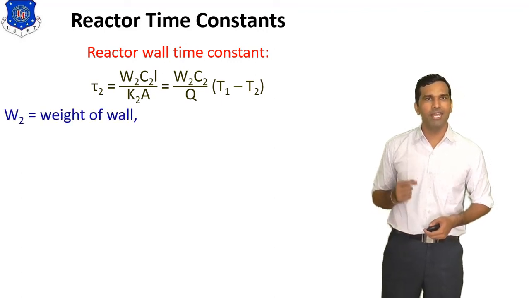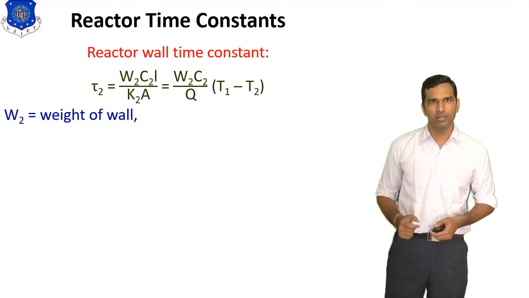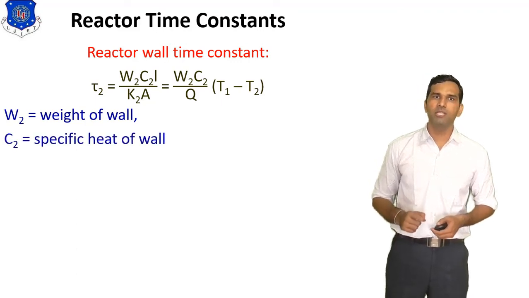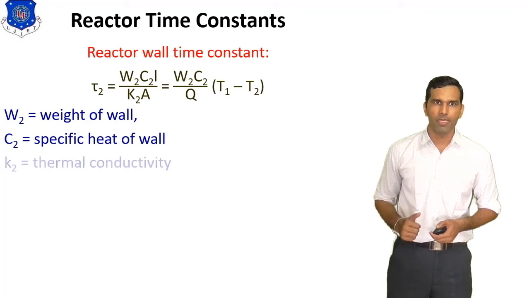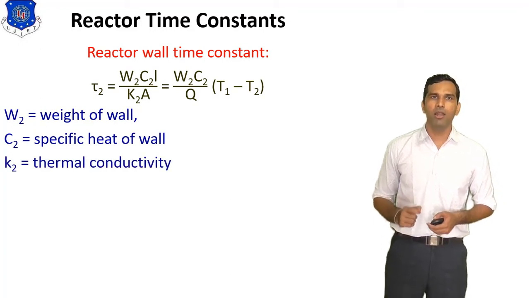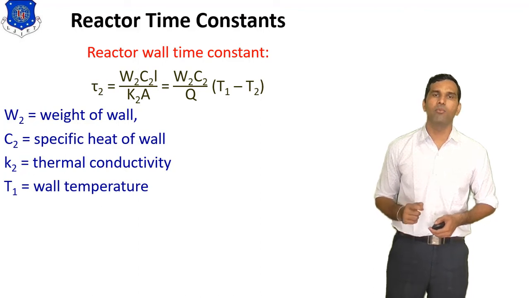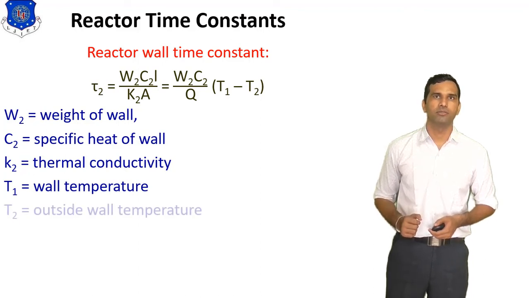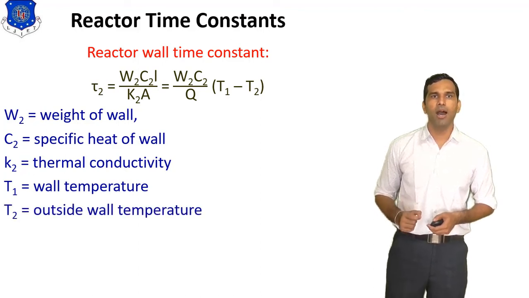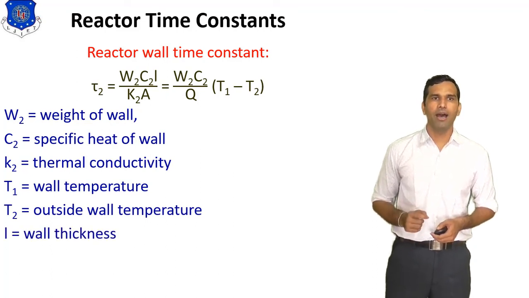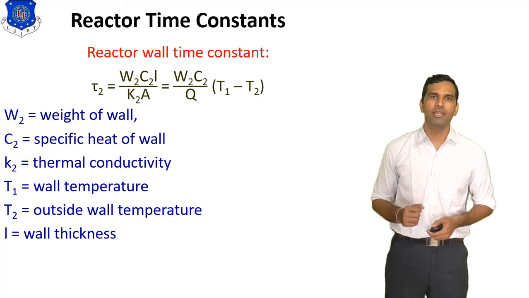Here W2 indicates the weight of wall, C2 indicates the specific heat of wall, K2 indicates the thermal conductivity, T1 indicates the wall temperature, T2 indicates the outside wall temperature, and l indicates the wall thickness.